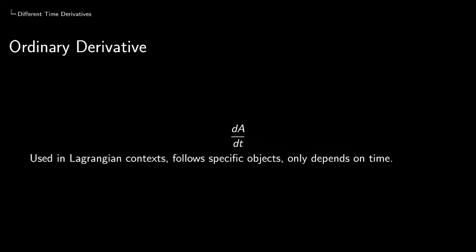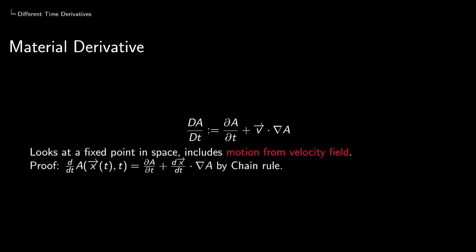This differs from the next derivative, the material derivative. The material derivative looks at a fixed point in space, and it accounts for the motion of an object from a background velocity field. The idea is that if you have some quantity A which depends on x, which itself depends on t, then to properly take the derivative with respect to time, you have to apply the chain rule.